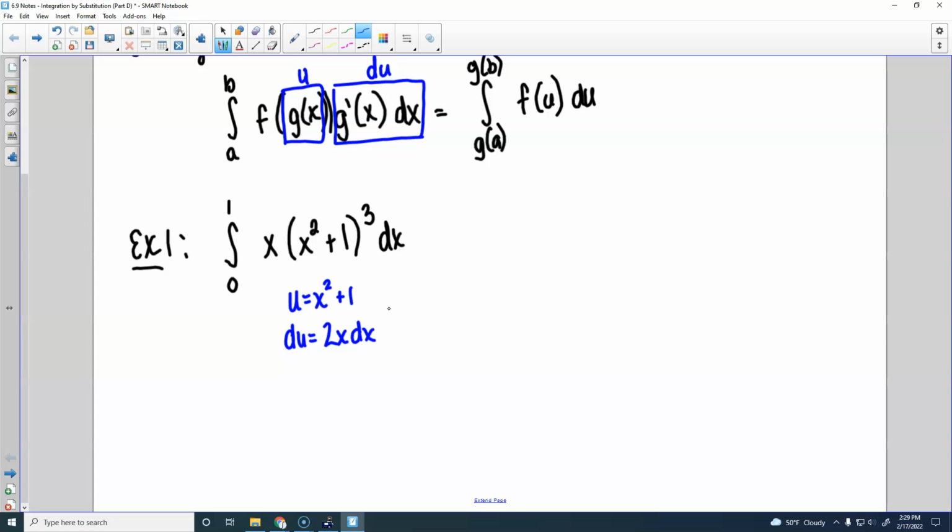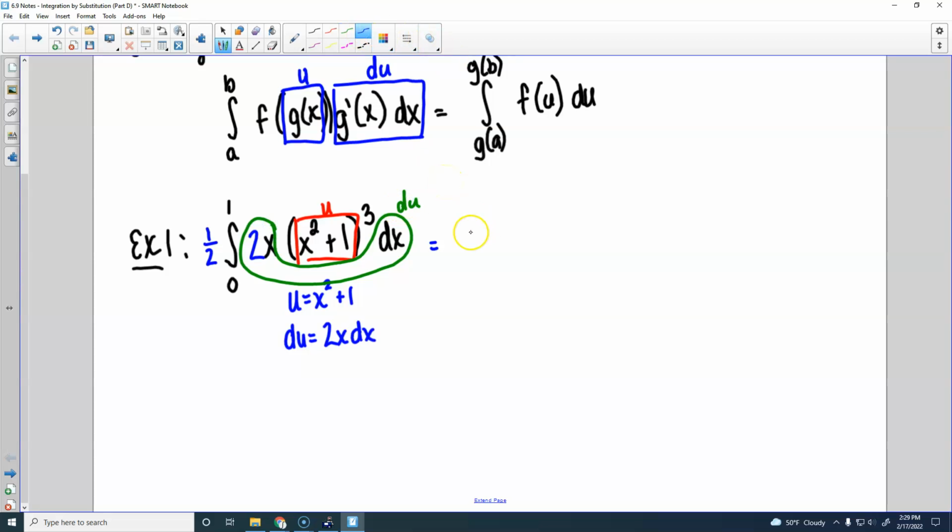So, this is not one of the more difficult ones you guys had last night because you already have this x out here. All you need is a 2. But if you put a 2 here, you have to put a 1/2 out front. So, if we substitute, this stuff right here is our u, and then this 2x dx right here, that's our du.